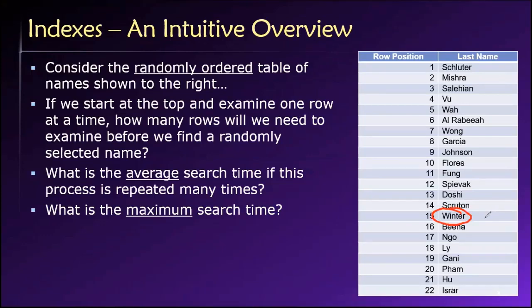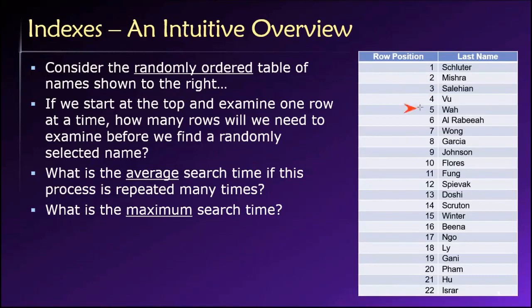Now, we don't know where Winter is located in this table. So if we want to find what row Winter is in, our strategy basically has to be to just look through the rows, right? So we'll be like, okay, is this Winter? Nope. Is this Winter? Nope. Is this Winter? Nope.